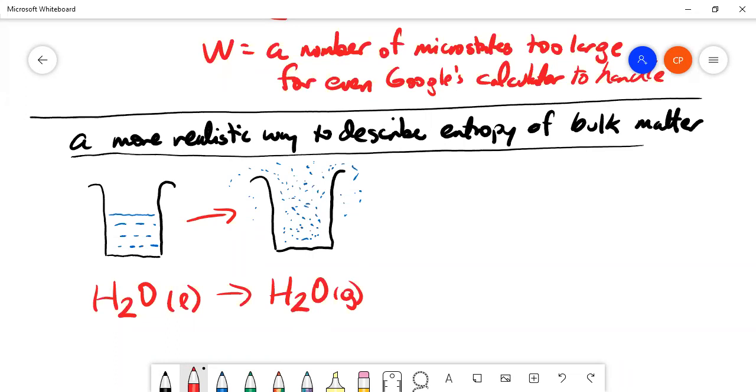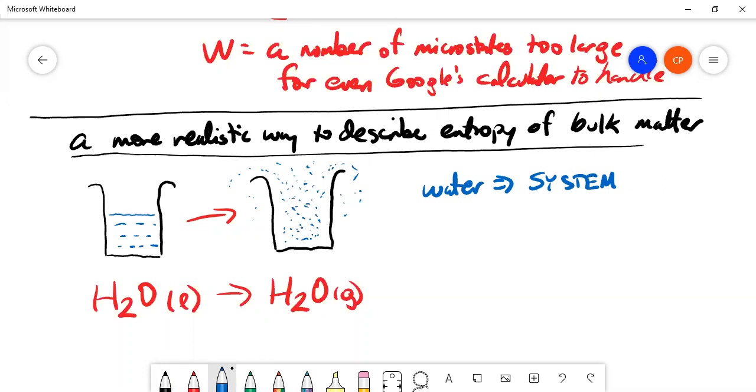Now I want to talk about two different parts of this overall system that I'm working through as this is going on. I want to talk about the system of water molecules.